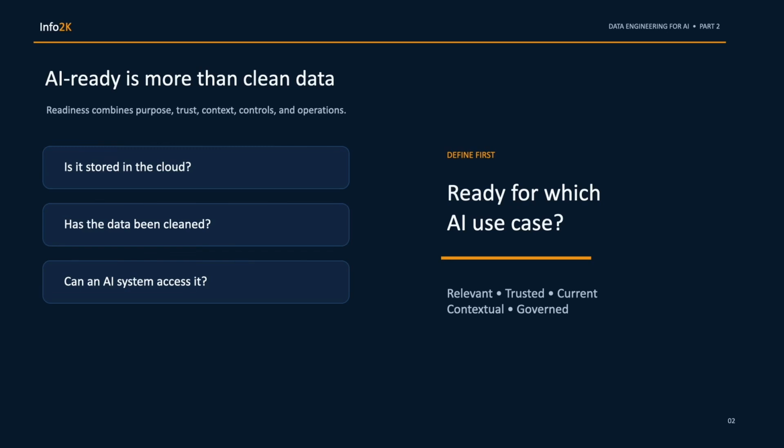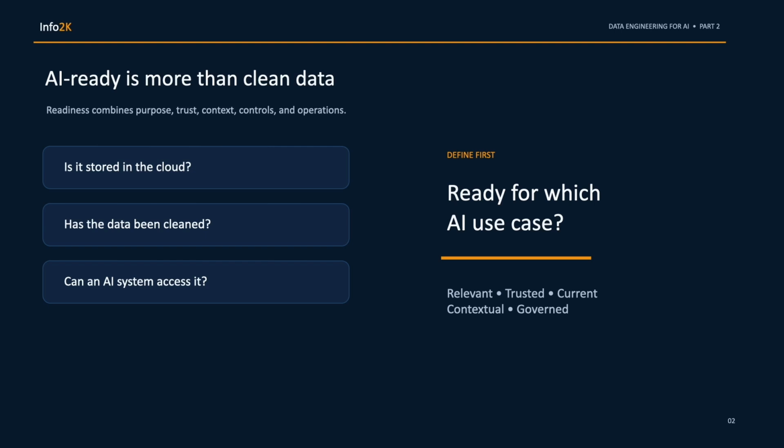Let us begin by separating AI-ready data from clean data. Cleaning normally focuses on defects, such as missing values, duplicates, incorrect formats, invalid codes, or inconsistent records. These are important issues, but readiness asks a broader question: ready for what? A dataset can be clean and still be irrelevant to the intended use case.